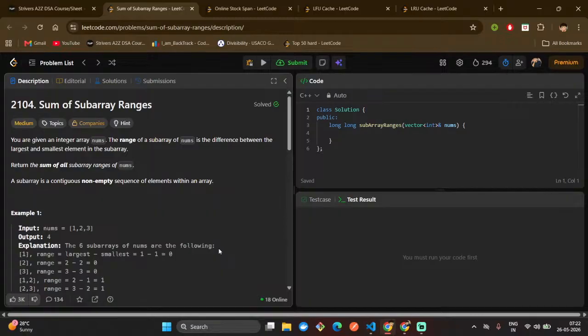Next greatest element, we have to find. So this will be the next greatest element, that means 1 2 3 4 5, and 5 4 4, here 4 4.